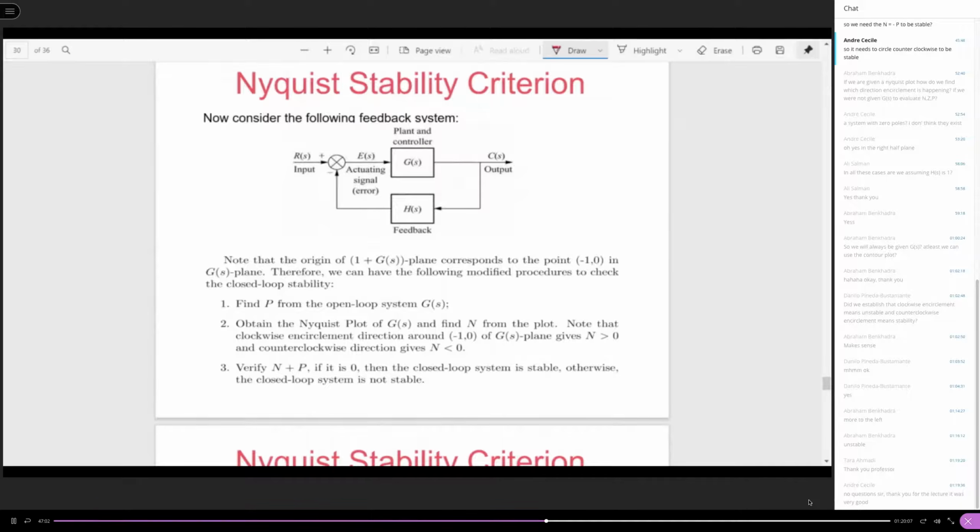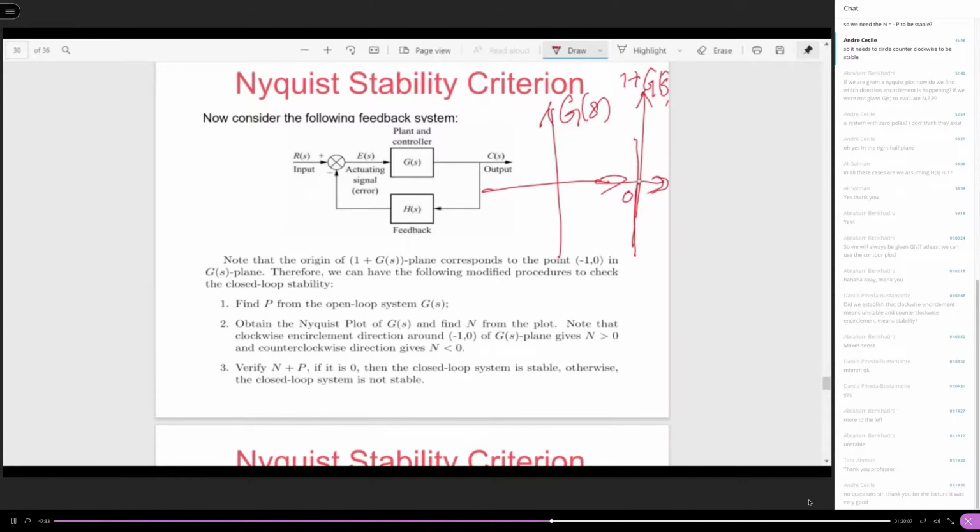However, you got to be careful, because the origin of the 1 plus G of s plane actually corresponds to the point -1, 0 in the G of s plane. That's a simple factor. You have the G of s plane and the 1 plus G of s plane.